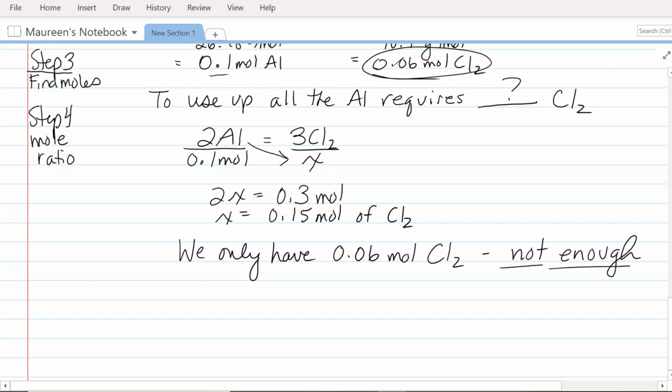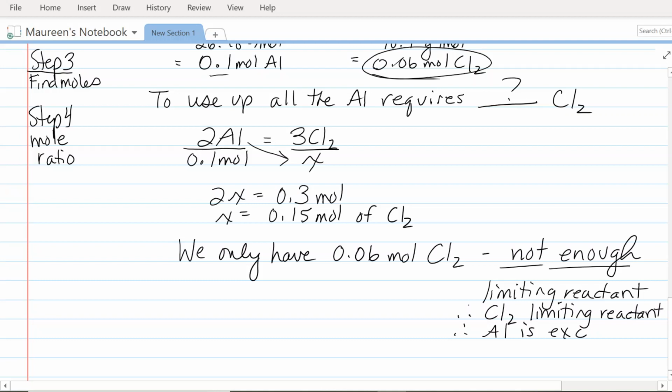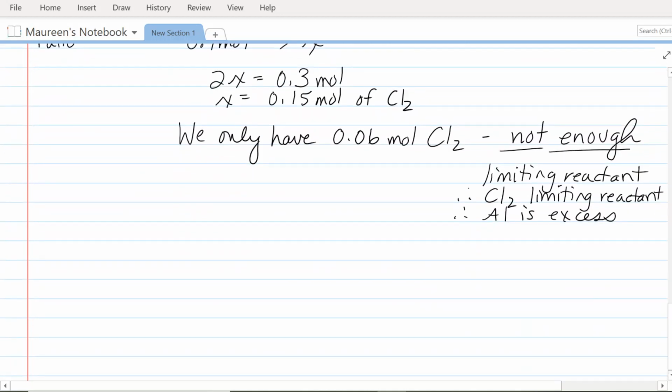Whatever the not enough is, in chemistry, we call that the limiting reactant. Okay, so if Cl2 limits, so therefore Cl2 limits, or is the limiting reactant, then we can say aluminum is excess.